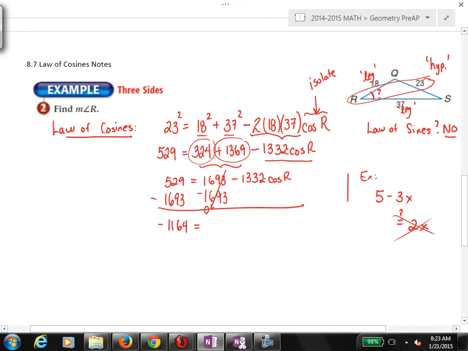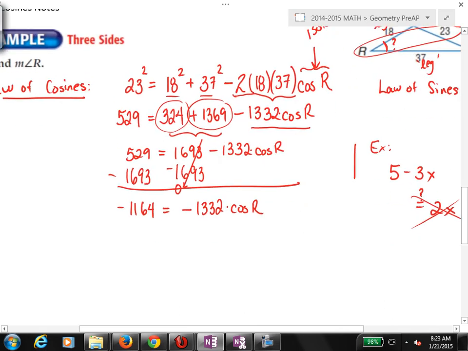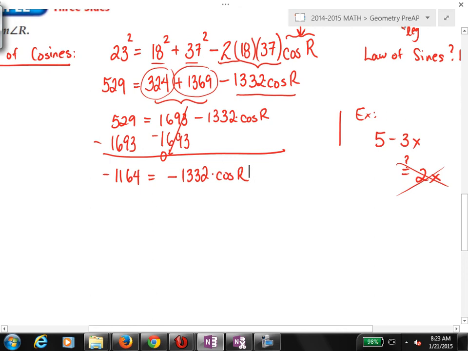And notice how this is 0, but now I still have negative 1,032, forgot the 2, times cosine of r. Now, remember that ultimately I want to solve for r, so I need to get rid of that times negative 1,332.